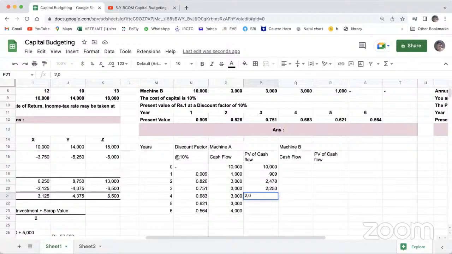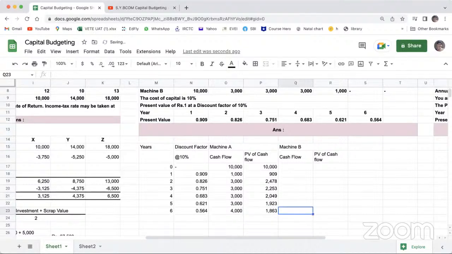It is 2049. Next, 3,000 into 0.621. Next, the fifth year, how much is it? 1923. Okay, good. 4,000 into 0.564, 1863.